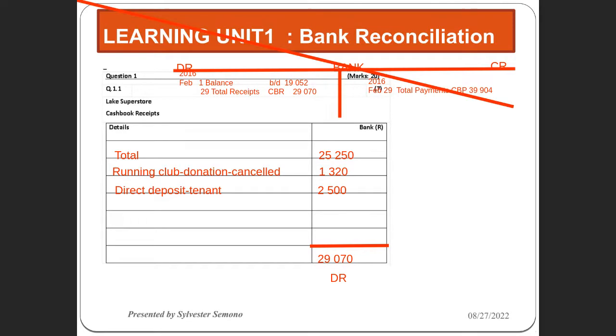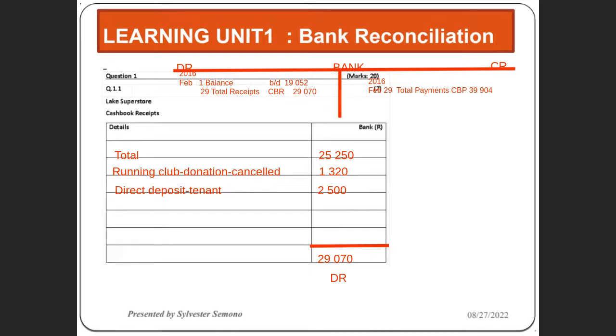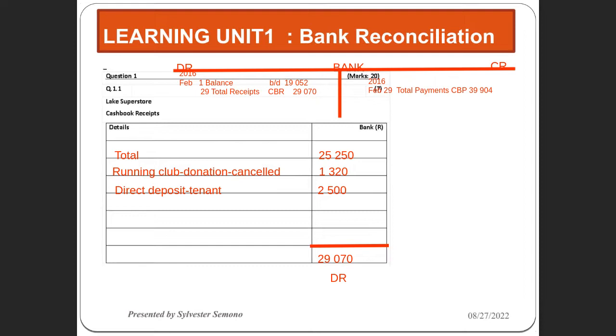What is happening? So which side is the biggest? It's the debit one. Is the debit one? How much is it?